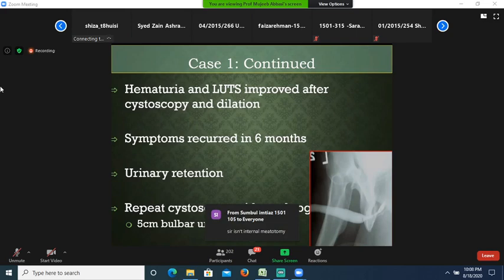You inflate that with a millimeter of water pressure so that it dilates the stricture. It has to be done a couple of times, but then it solves the issue rather than going for surgery. But if that fails after a couple of times, then you do a surgery.